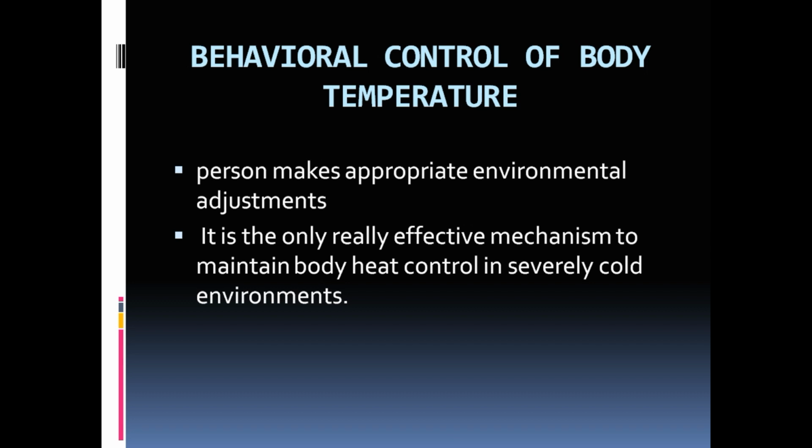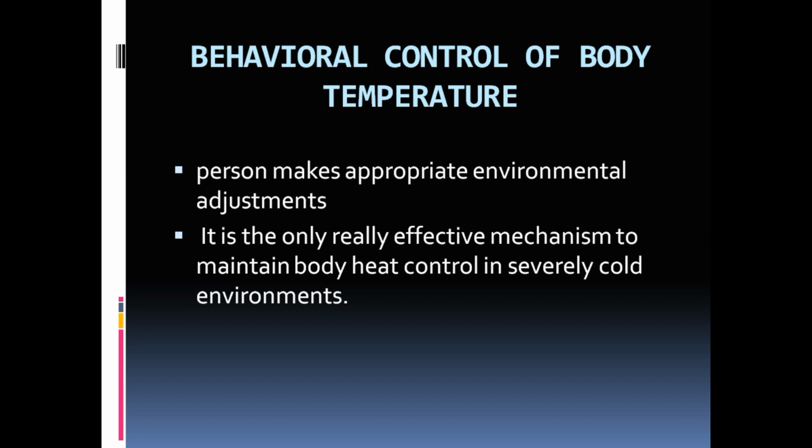In case of summer, the choices will be towards the heat loss mechanism, whereas in case of winter season it will be towards the heat gain mechanism. So this behavioral control works by psychic stimulation, that means when the temperature stimulation comes to the sensation of the individual, he prefers a certain type of behavioral changes, which then adds to the temperature regulation of the body.